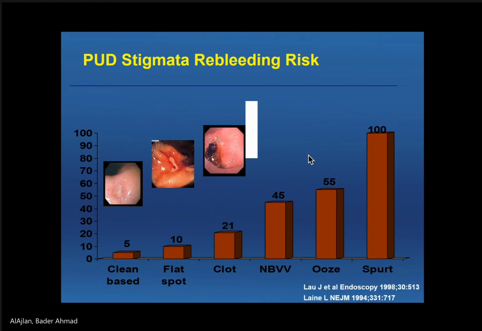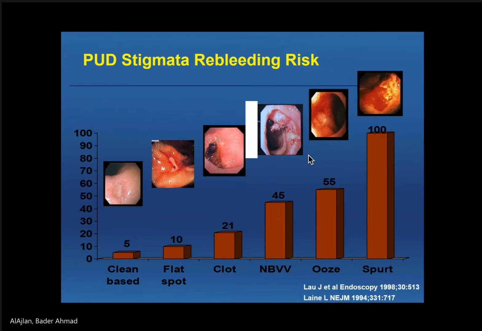Here, there is a clot. This is where we have a debate: either to remove it and see what you're dealing with, or to not do anything about it. Sometimes when you remove it, you find visible vessels. Here, if you do not do any treatment, there is a risk of around 45% of bleeding. Oozing from that, the risk of rebleeding is 55%.